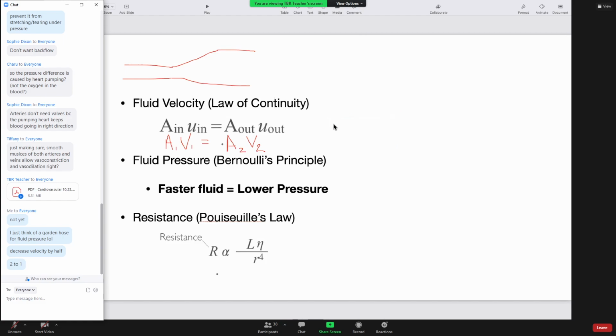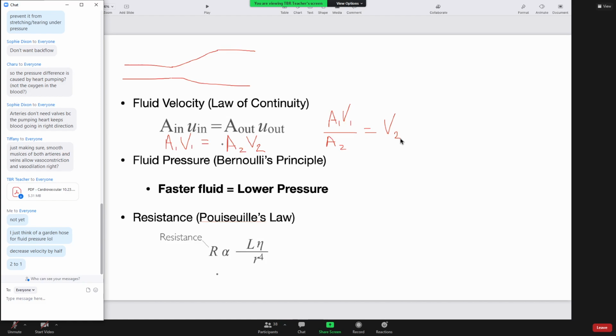To find the velocity of the second tube, just rearrange it: A1 times V1 over the cross-sectional area of the second tube. That is just the rearranged equation to get the second velocity, and that is all the law of continuity is. You'll go into this more in the fluid dynamics lecture, but that is one thing that dictates fluid velocity in a pipe. In this case, the pipe is the blood vessel.